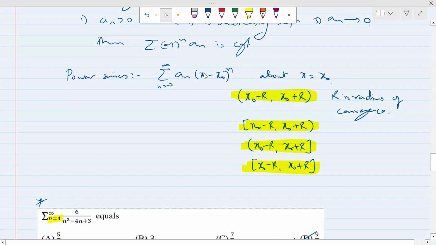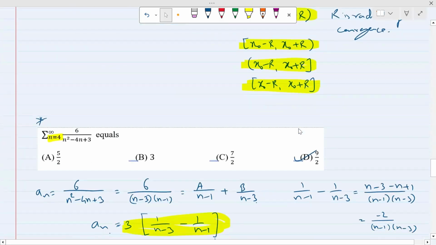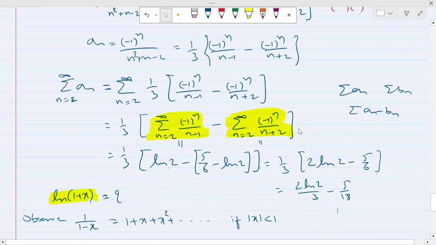Yeah, you know that. So how do you check whether the left point is included or not? We check by actually substituting x by these two specific values, the left-hand point and the right-hand point. The same thing is happening here.